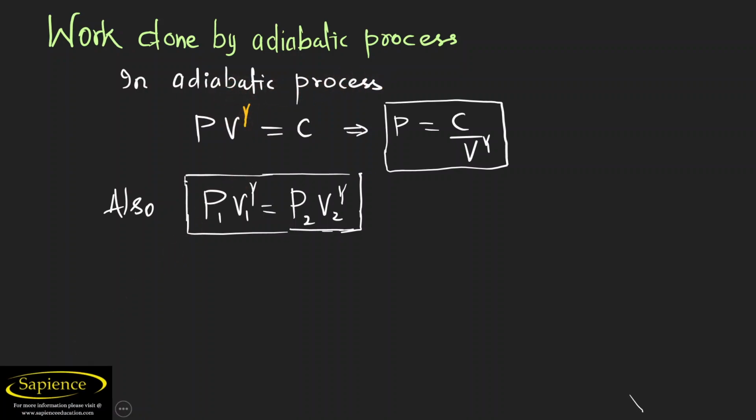You know that in the adiabatic condition, PV to the power gamma will be constant. So here P can also be written as C by V to the power gamma. This is the condition for the adiabatic process. So we can write P1 V1 to the power gamma is equal to P2 V2 to the power gamma.